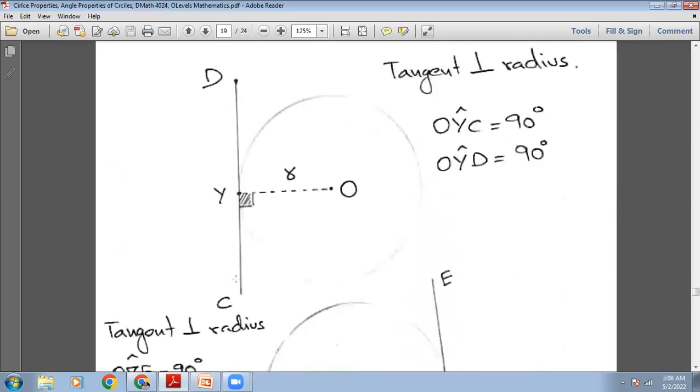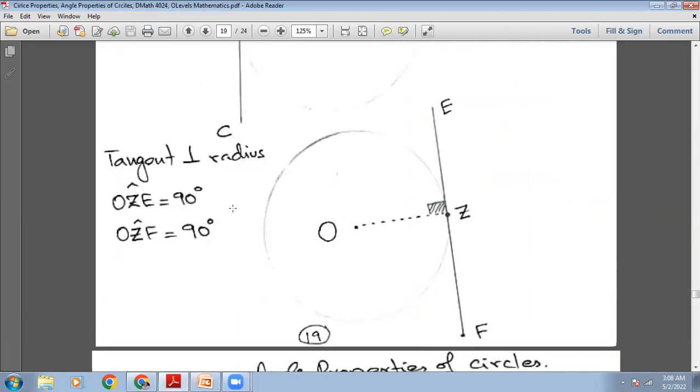Here is another example. This DC is a tangent. It touches the circle only at the point Y. This point Y is the point of tangency. So this is the radius at the point of tangency. The radius and the tangent at the point of tangency make a 90 degree angle with each other. So the angle AYC is 90, and the angles OYC and OYD are 90 degrees.